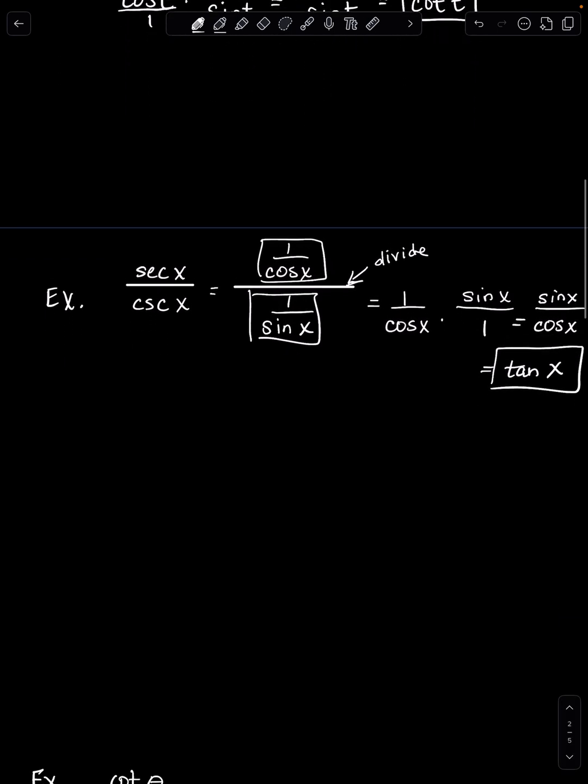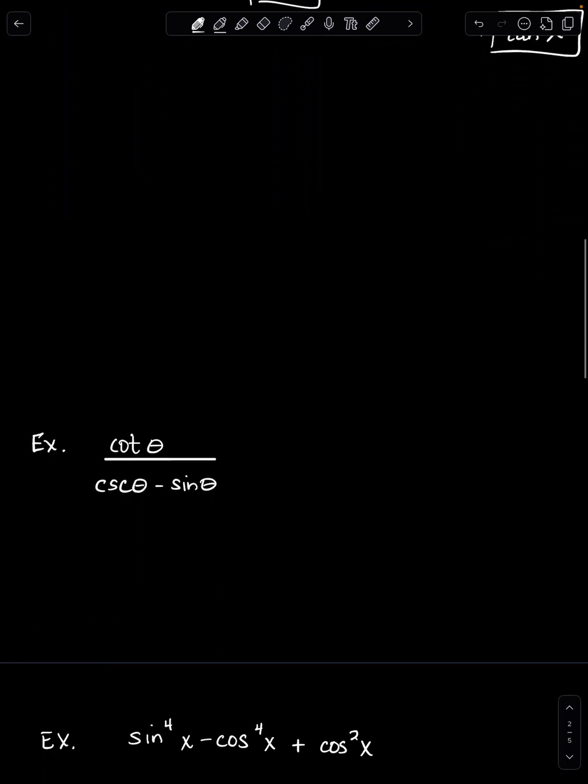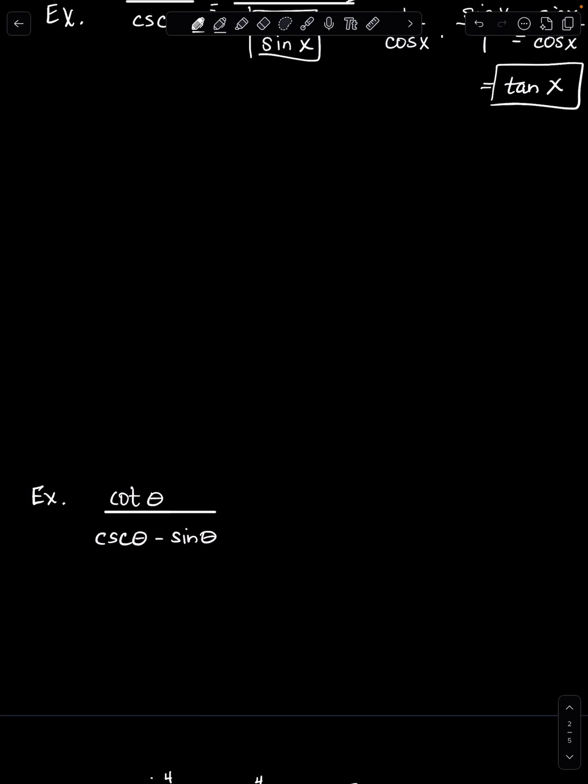Okay, let's keep going. Here we've got the cotangent of theta over the cosecant of theta minus the sine of theta. Alright, so cotangent we're going to write in terms of sine and cosine, so that's cosine of theta over the sine of theta. That's my numerator. And my denominator, got cosecant, which we've already talked about several times.